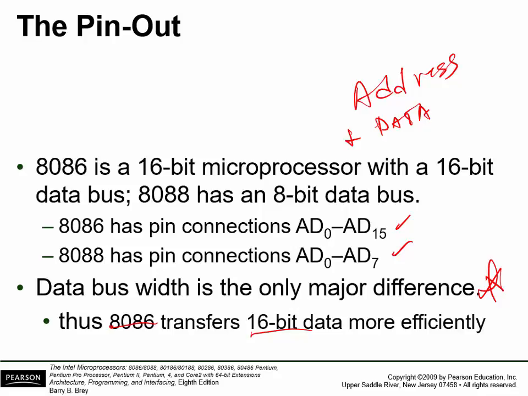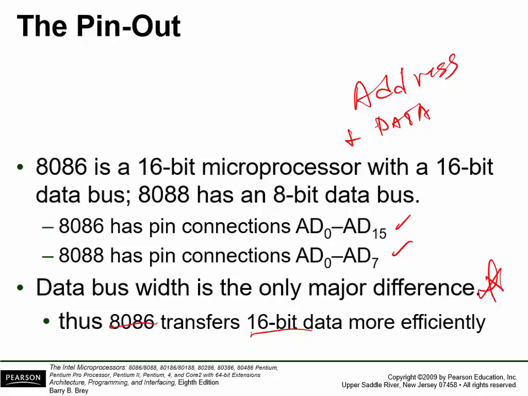You need 2 buffers, 2 memory chips, 2 ROM chips. You need to have twice as much. So building a system around the 8086 was expensive at the time. So they went back to the lab, developed an 8-bit version, and they sold it for quite a while.